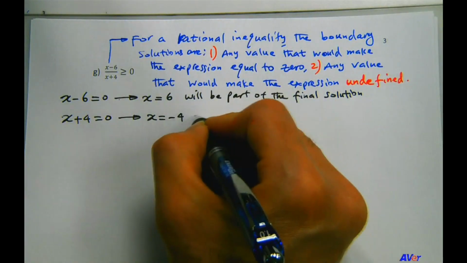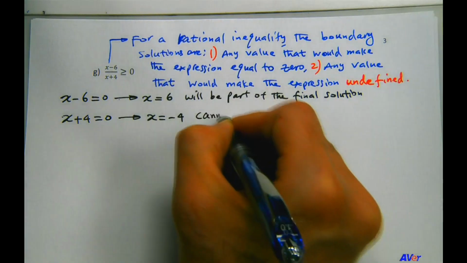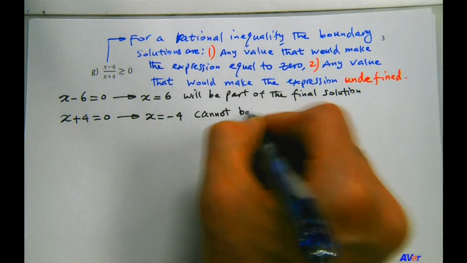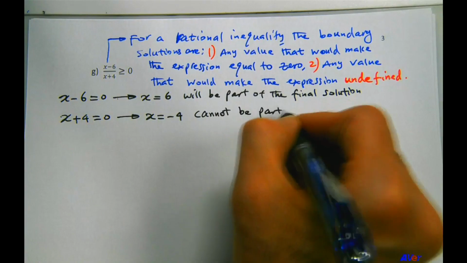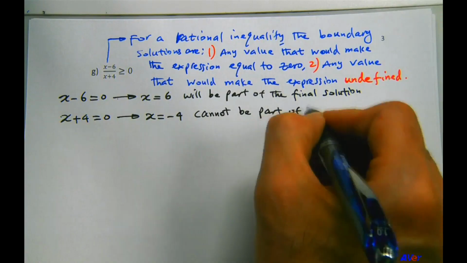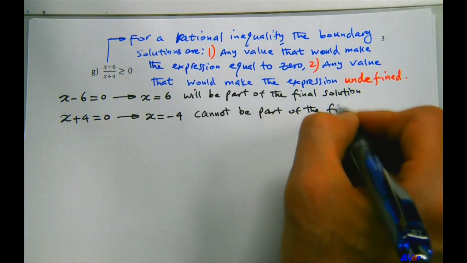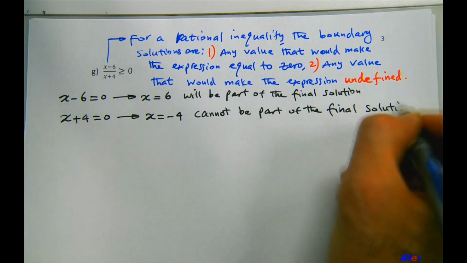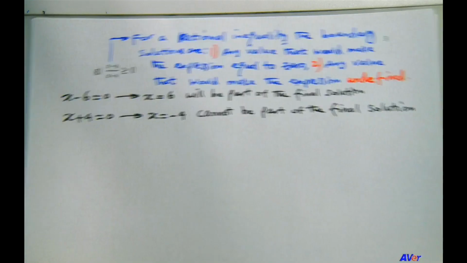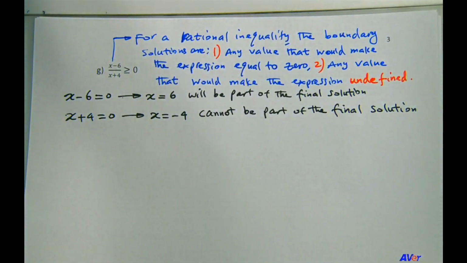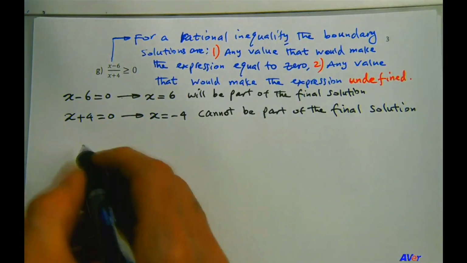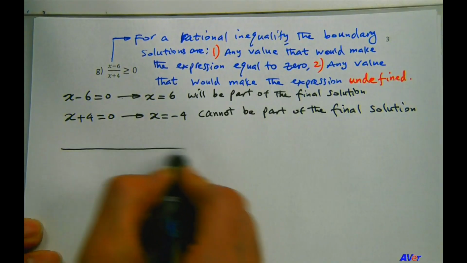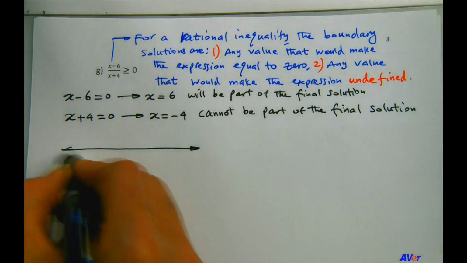X equals negative 4 cannot be part of the final solution. Okay. All right. So let's set it up just like before. You don't have to draw this graph if you don't like to.